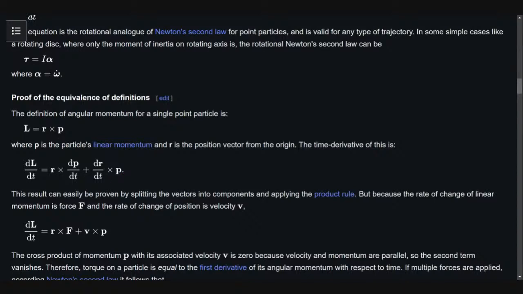But which V? Any change, okay. This is not just, this is any R. This is just the vector, just the location.